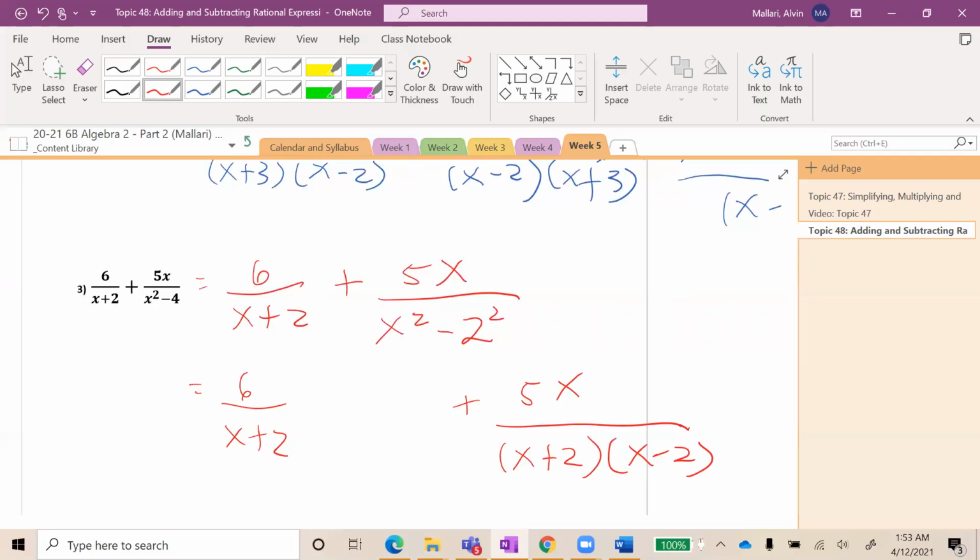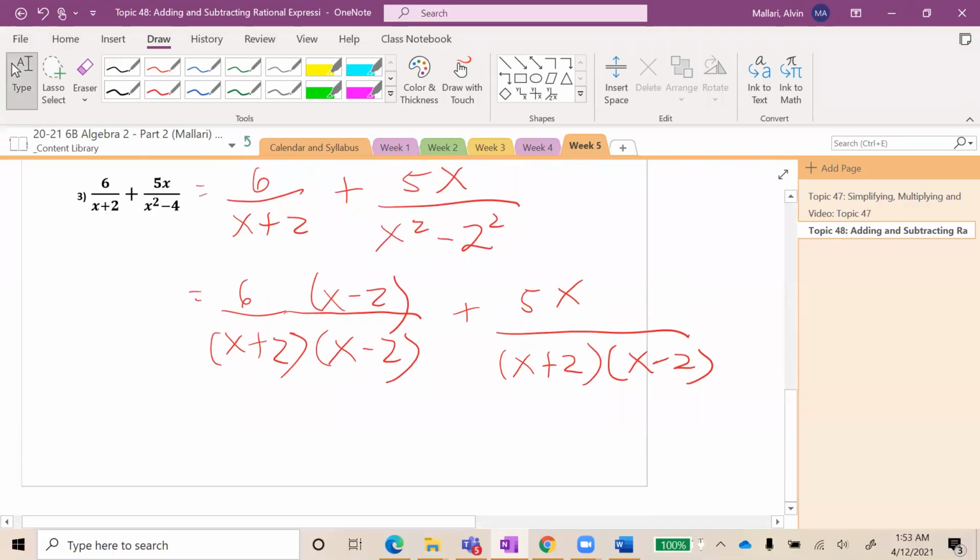Now the first group already has x plus 2. All we need here is simply x minus 2. Now we do the same thing in our numerator. So what we're doing now is simply multiplying by a factor of 1. x minus 2 divided by x minus 2 is a factor of 1.